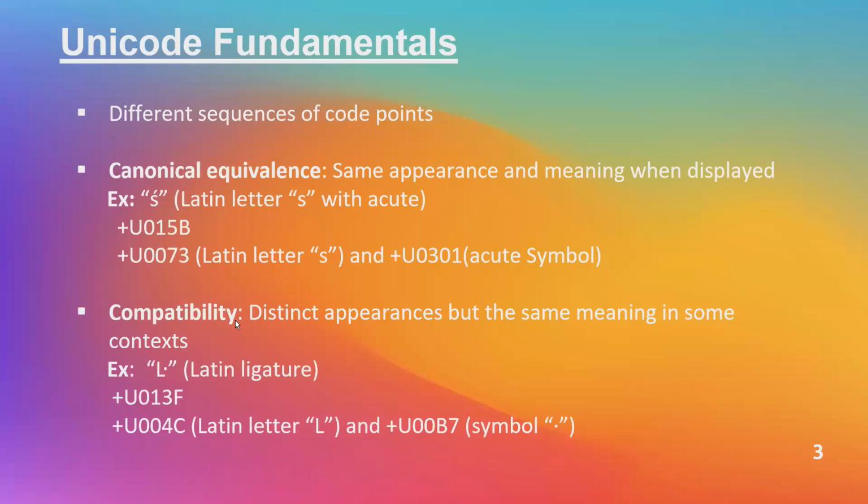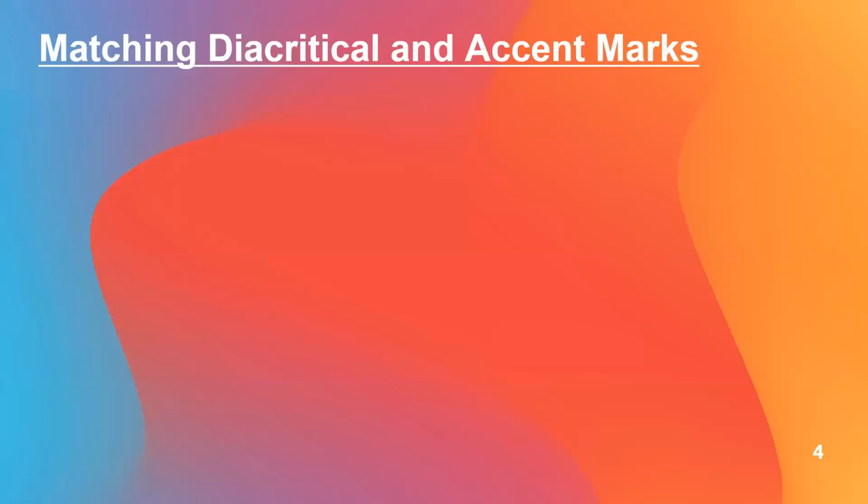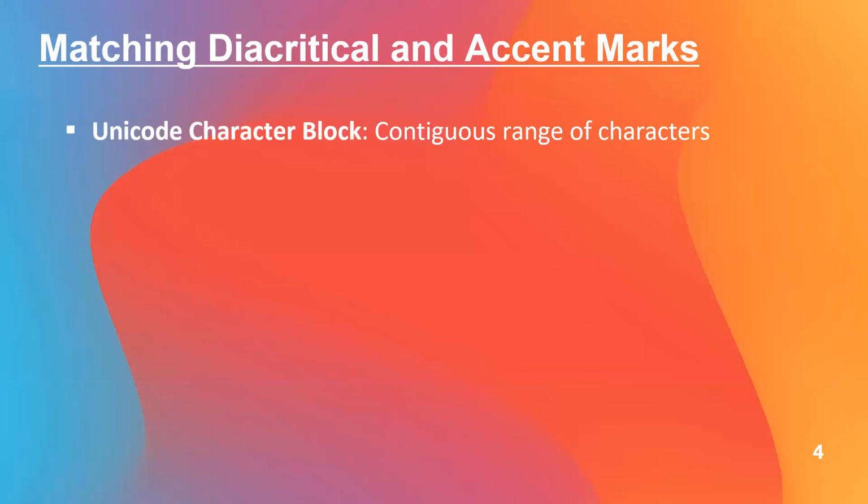Once we get the base letters from these diacritics, we need to match them. Once we separate the base characters from the diacritic marks, we must create an expression which matches the unwanted characters. For that, we have two approaches: either we can use a Unicode character block, which is a contiguous range of characters, or we can use a category, which itself contains many character blocks.